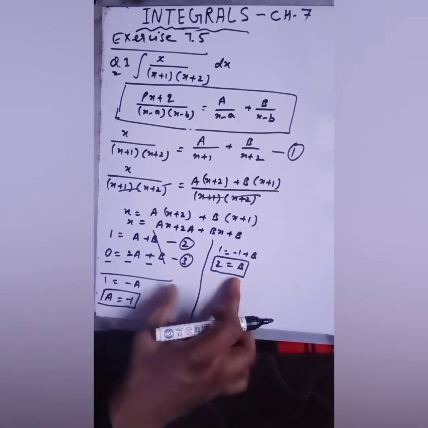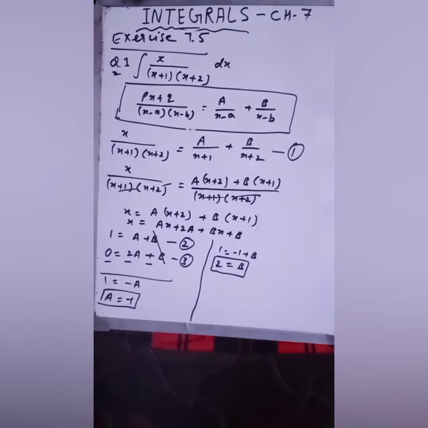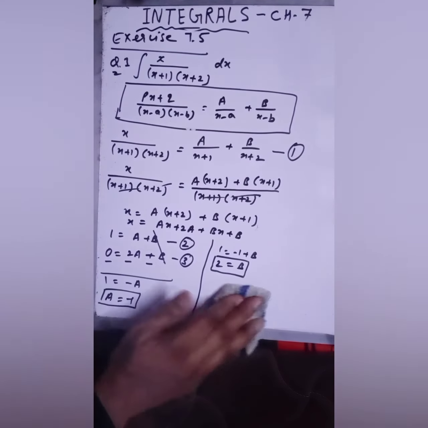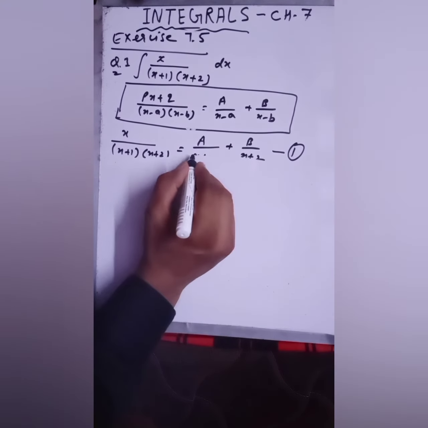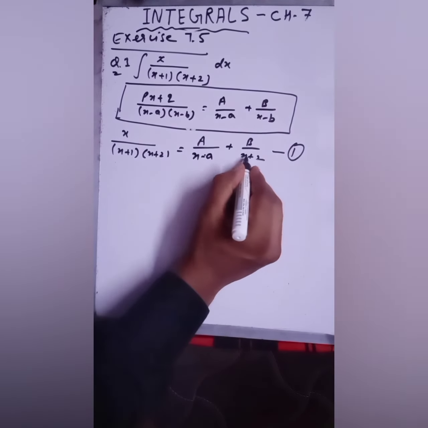Now you have to put this value of a and b in equation number 1. I am erasing this step. Okay, so please note it down. Your a is -1, your b is 2. So I am putting this in your equation number 1.